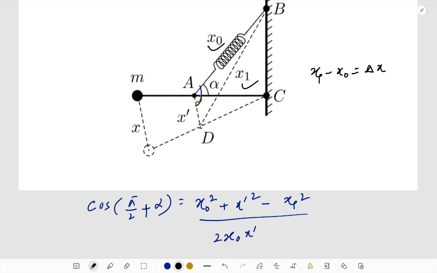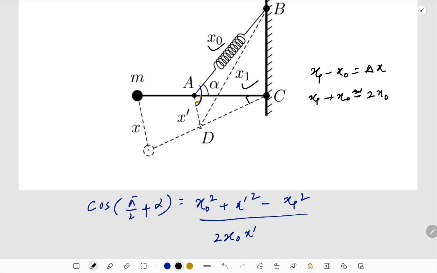And I could write one more thing, that x1 plus x0 is approximately equal to 2x0, because this angle is very small. So I can use it.